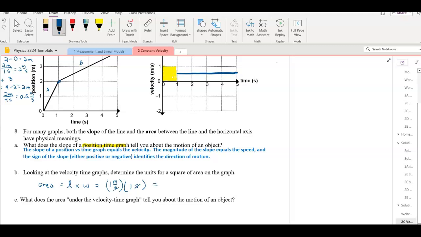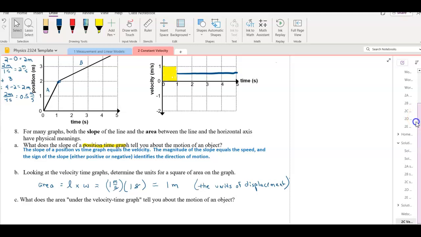And so the area of 1 square on the velocity versus time graph has the units of 1 meter. This is the units of displacement. And so that's a big clue as to the meaning of this area.